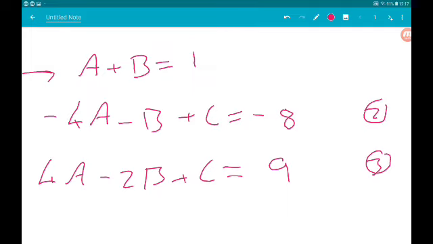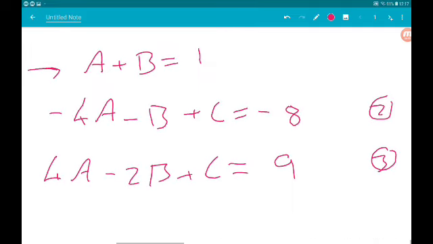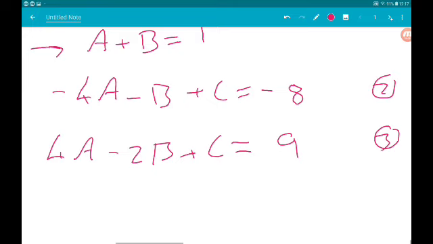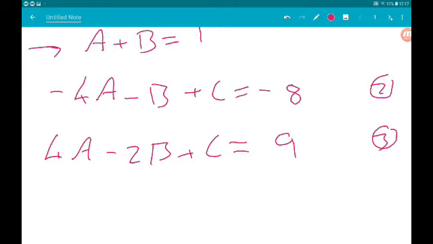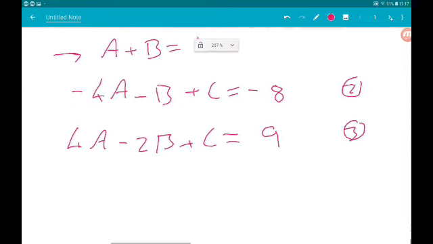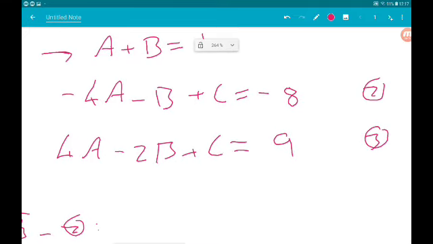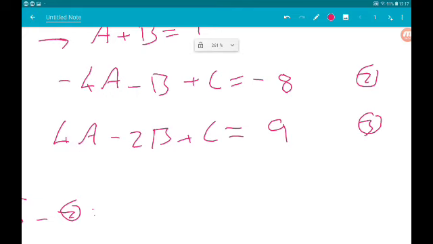So let's do that. If we do equation 3 minus equation 2, then we get 4A minus minus 4A gives us 8A.